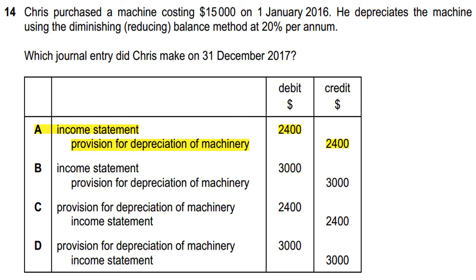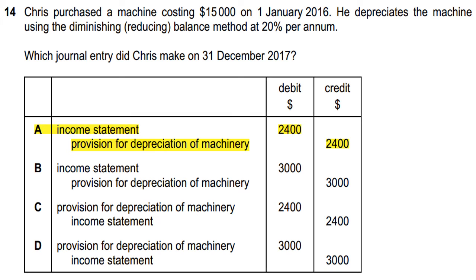2,400. Provision for depreciation is an expense, so it will be closed in the income statement. The provision for depreciation of the current year is closed in the income statement, not the whole amount.